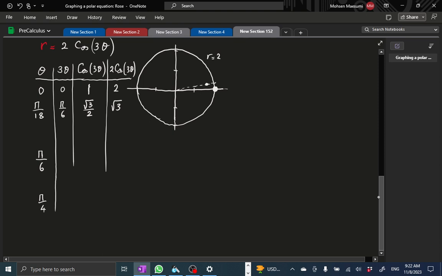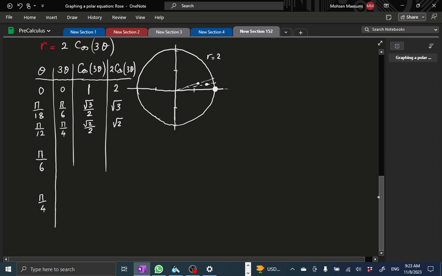A third of that is going to be pi over 12. When you triple that, of course, you get back your pi over 4. Cosine of that is radical 2 over 2. You double that, it becomes radical 2. So at pi over 12, which is about 15 degrees, somewhere around here, I'm going to have a smaller radius.